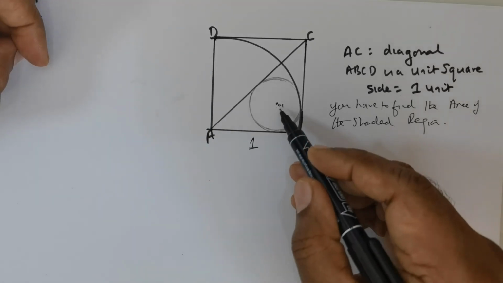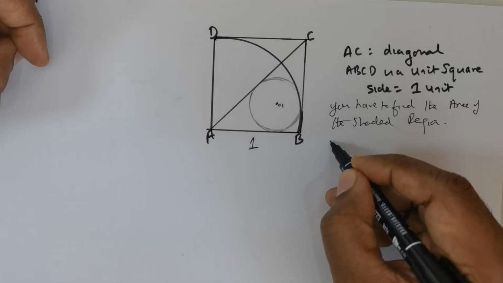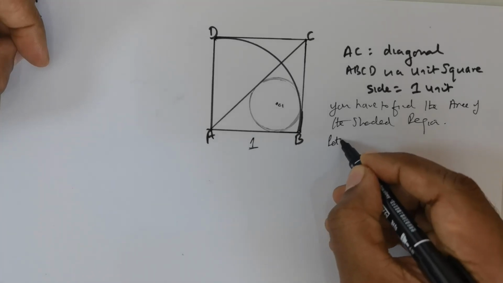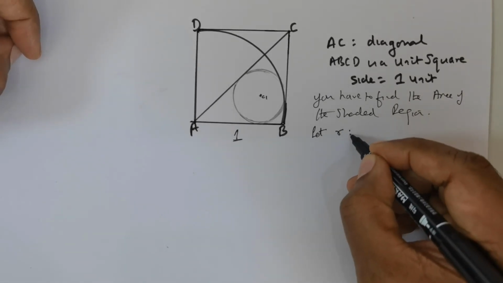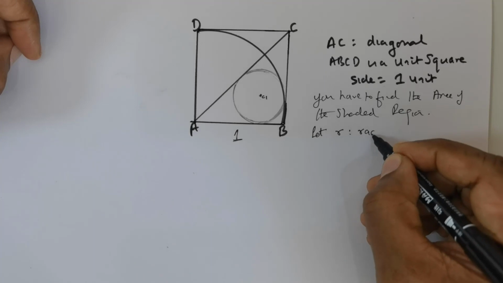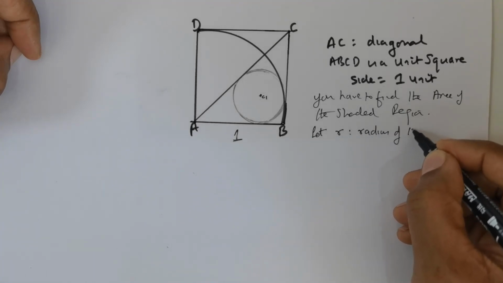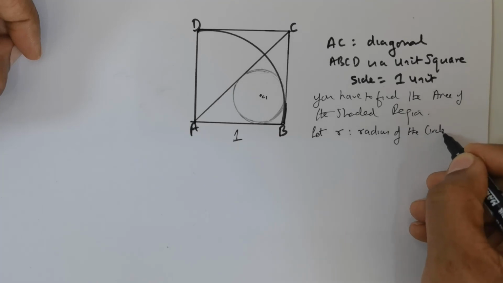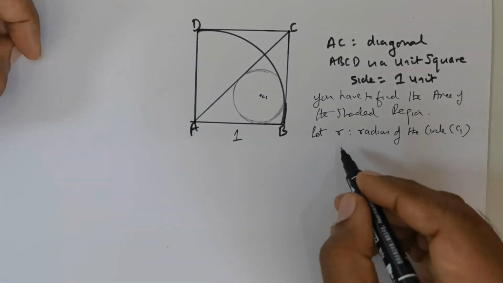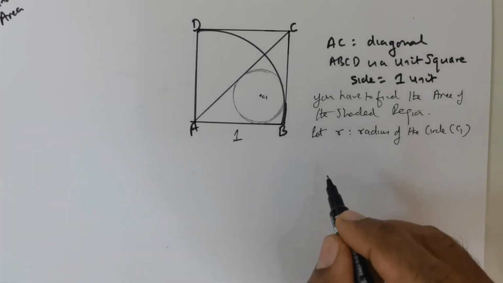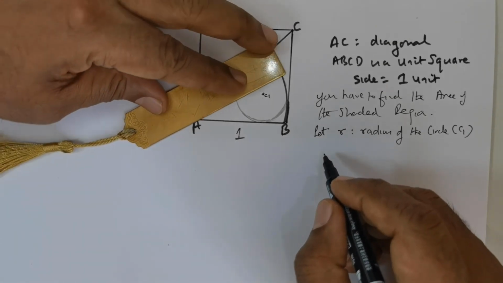So foremost, let R be the radius of the circle C1. That is the first point that I would like to assume here.